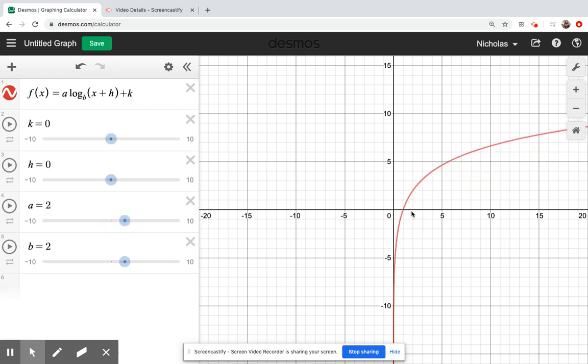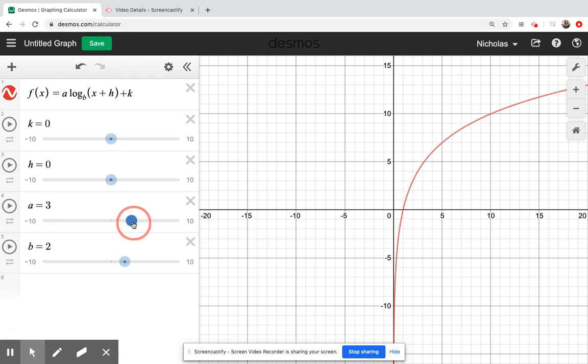You can see that this one spot right here, where it's crossing the x-axis, is staying still. Oh, and that's h. If I'm making a bigger, it's stretching that graph up. It's starting from this same x-intercept, but now it gets a lot farther up the graph a lot faster. So a is stretching our graph upwards, it's the stretch to our graph.